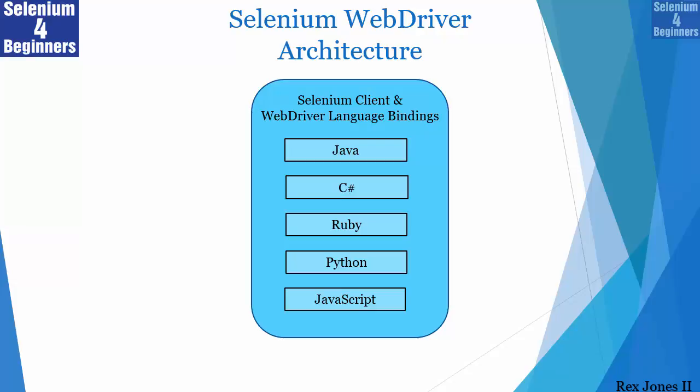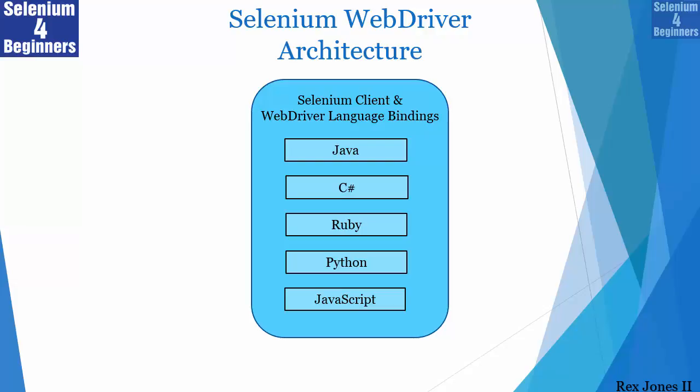A good way to think about a code library is to imagine a library with a lot of books. Rather than having books, a code library has a lot of code for Java, C#, Ruby, Python, and JavaScript. There are more programming languages that can be used for Selenium, but these are the 5 core languages.